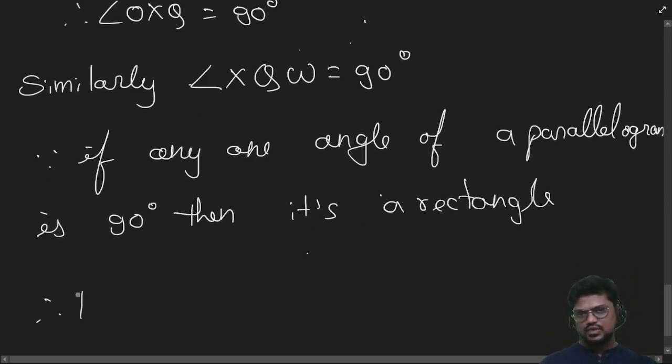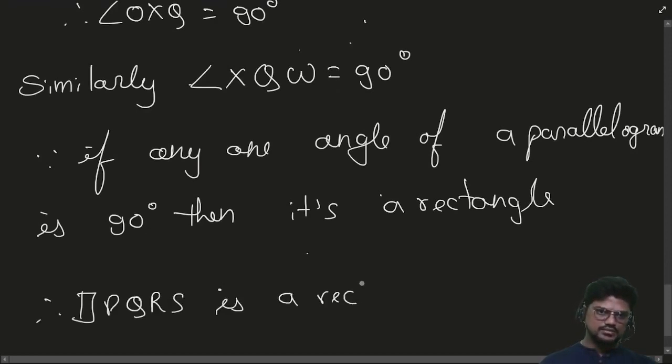Therefore quadrilateral PQRS is a rectangle. And over here you can say hence proved.